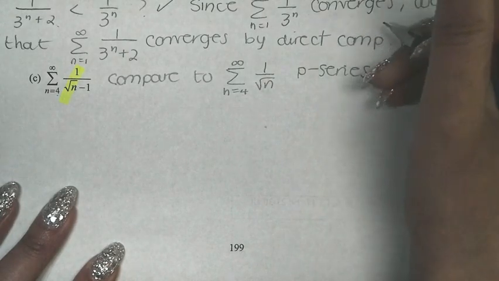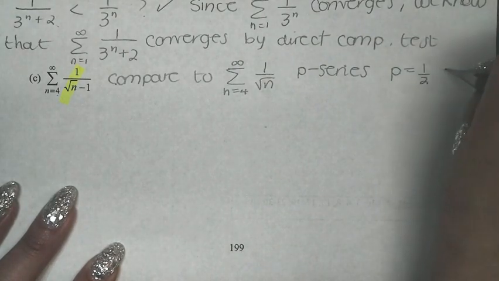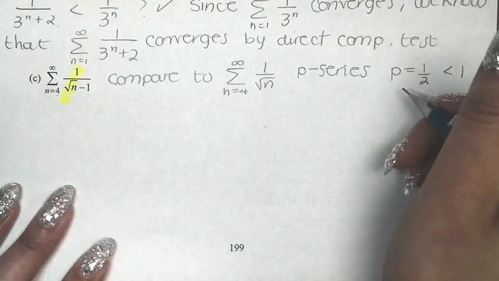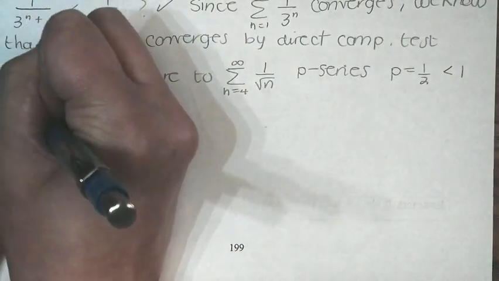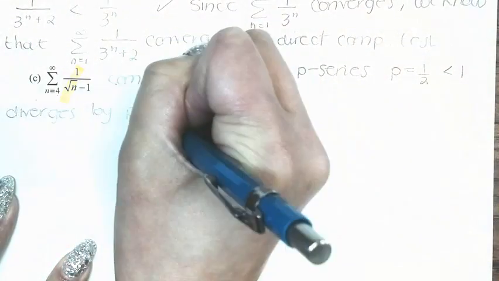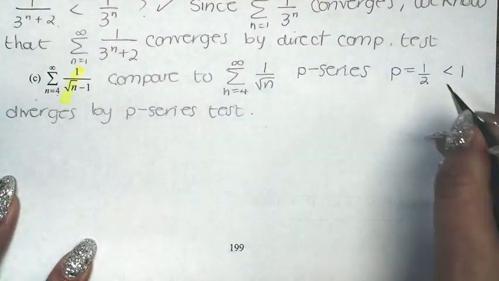Moreover, you know that the p of this p-series is 1/2. A p-series with p less than 1 diverges by the p-series test. Now, what's the business here?